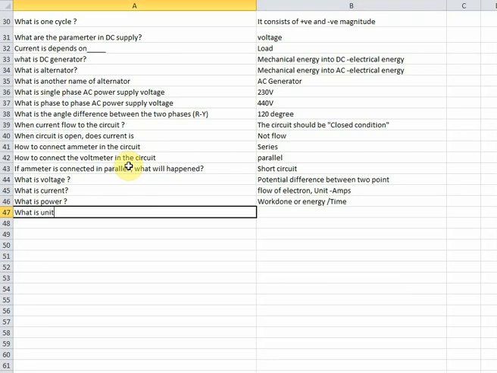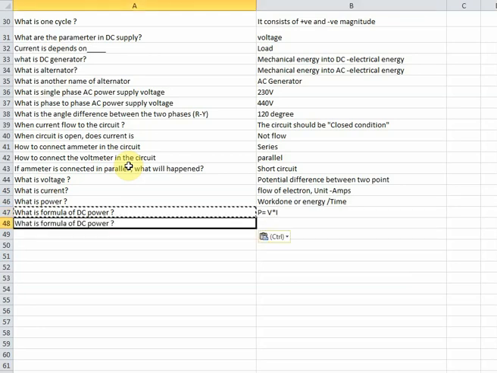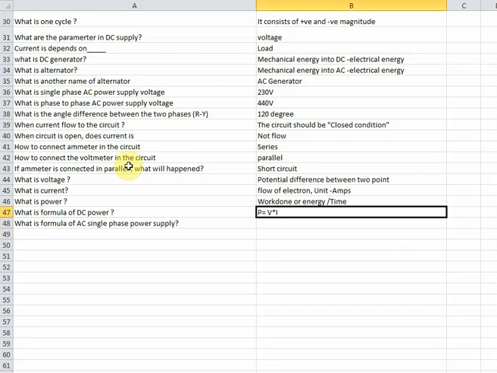What is the formula of DC power? P is equal to V into I, voltage into current. Very good. What is the formula for AC single phase power? P equals V I cos phi.